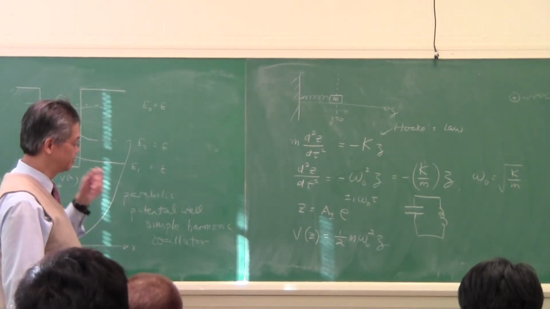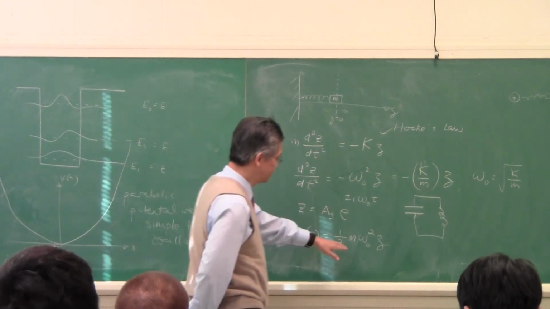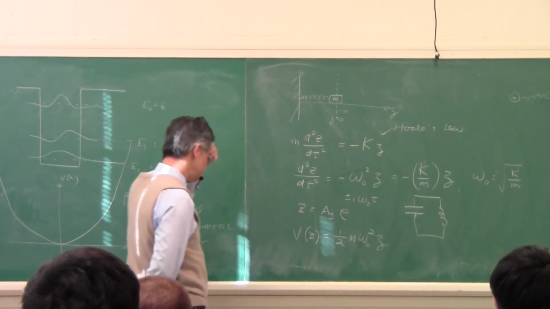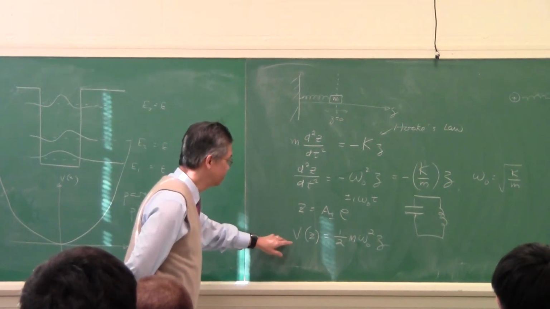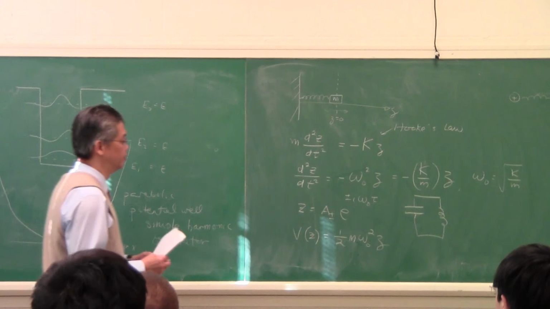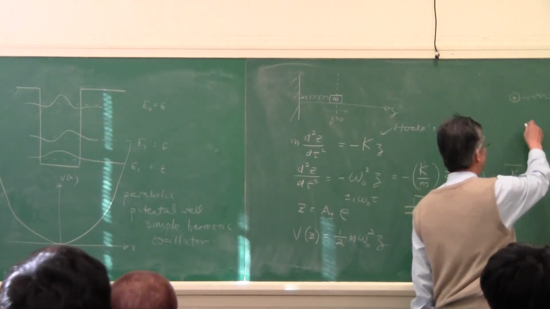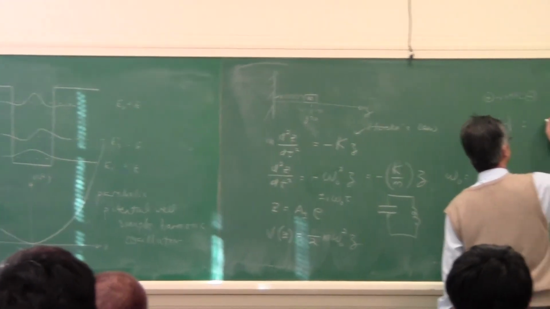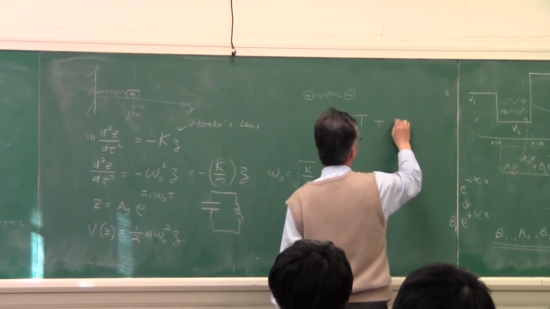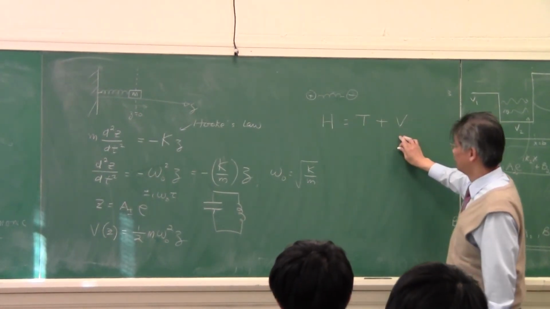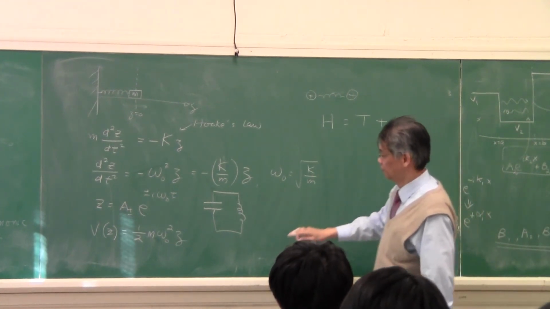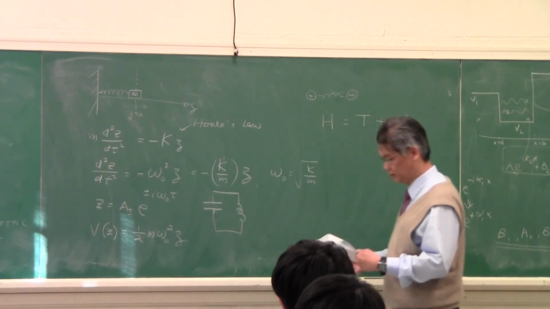If you attach this mass to the spring, this will be the natural oscillation frequency. And then this is the potential well, and this is the particle we'll see in classical mechanics. So in classical mechanics, the Hamiltonian is the kinetic energy plus the potential energy. And we'll replace the potential energy V with this quantity in quantum mechanics.